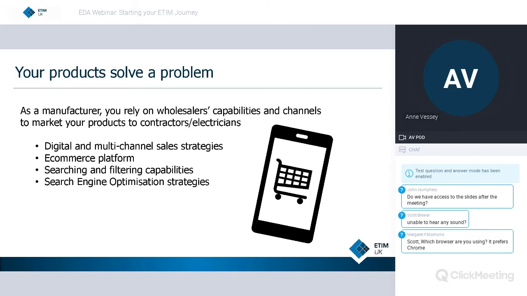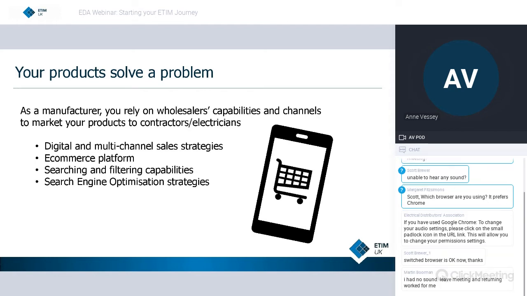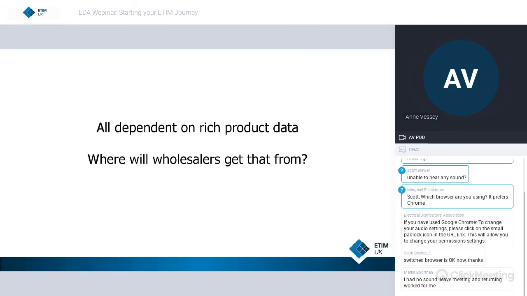What information do my ideal target customers need? What are they looking for? To get that information out to the contractor electrician, the wholesaler is using digital, multi-channel sales strategies. That could be an e-commerce platform with search and filtering capabilities, so the customer can fine-tune the information. They will also be using search engine optimization strategies. And all of that is dependent on rich product data. And where will wholesalers get that from?